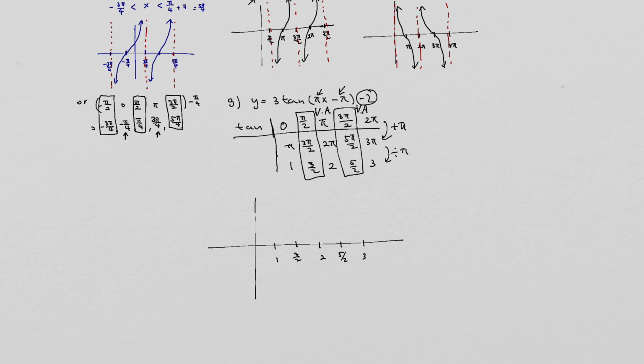So that means you're going to go down 2. Let's go down 2. So those will be the points. Let's mark the vertical asymptotes.